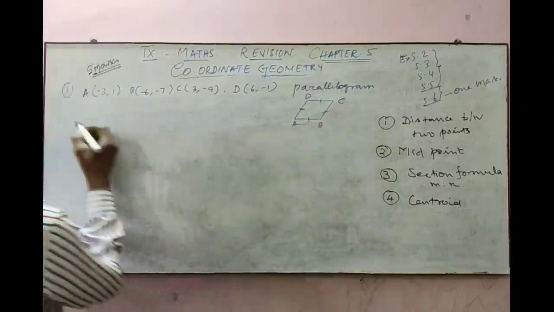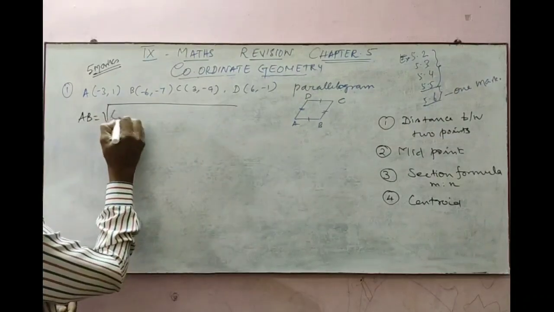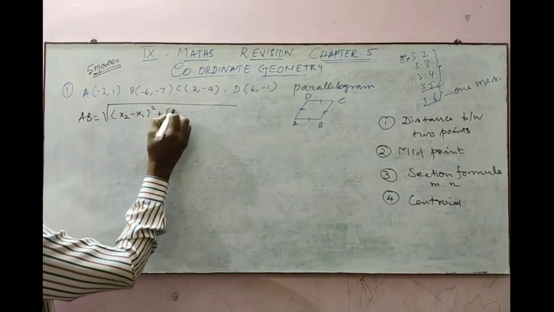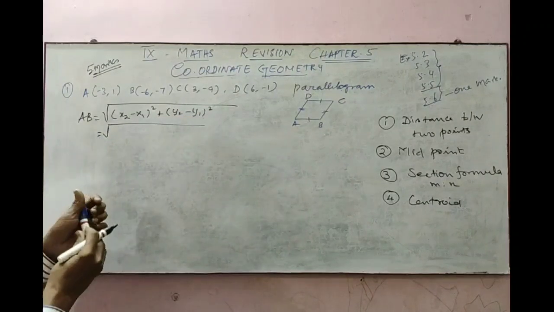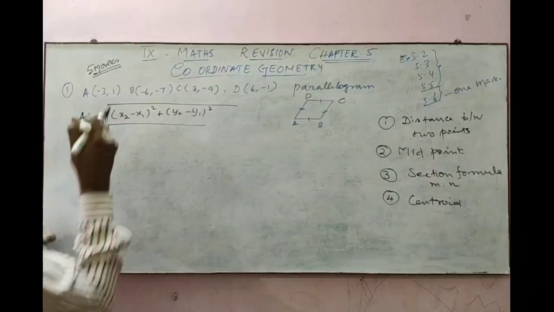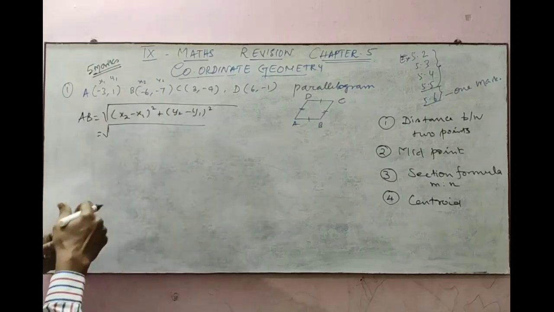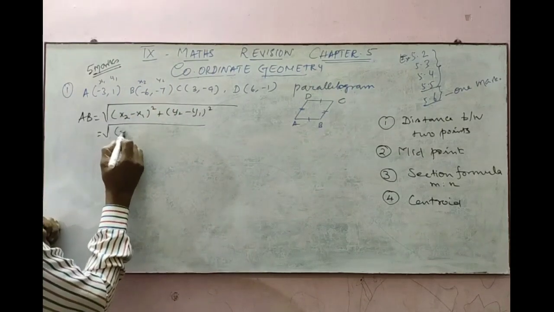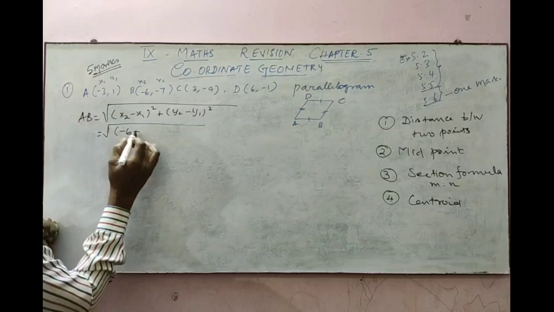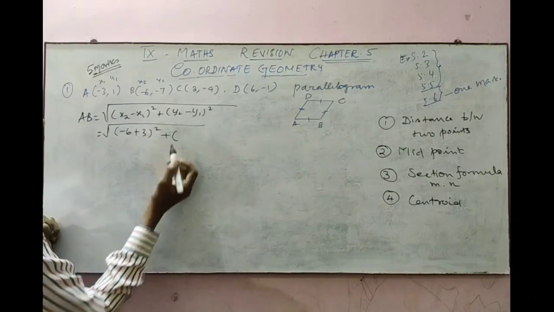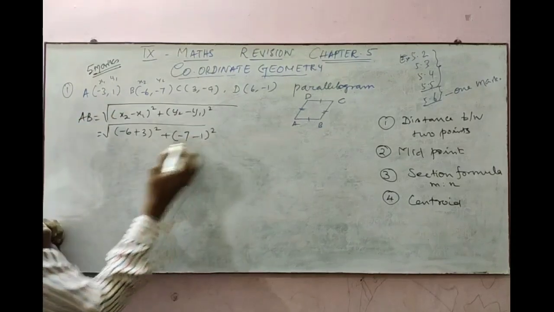So first I am going to find the distance between the 2 points A and B. Here AB equals root of, the distance formula, x2 minus x1 whole square plus y2 minus y1 whole square. Using that formula for the points A and B, I take this coordinate as x1, y1, and here x2 and y2. x2 is minus 6, minus of minus becomes plus 3 whole square plus y2, minus 7 minus 1 whole square.